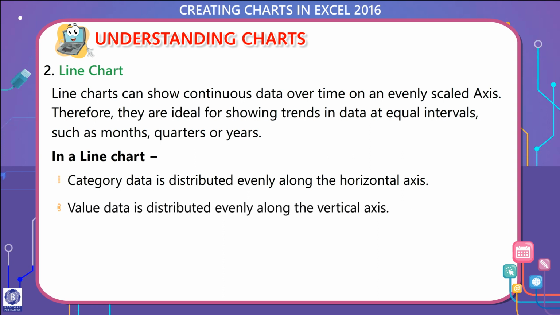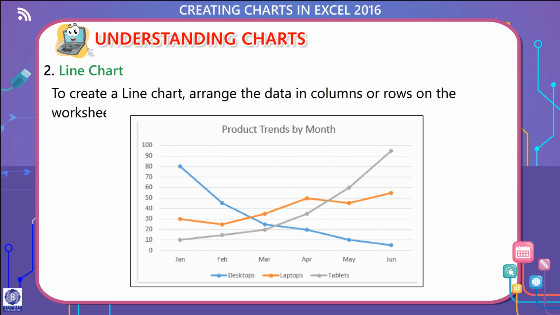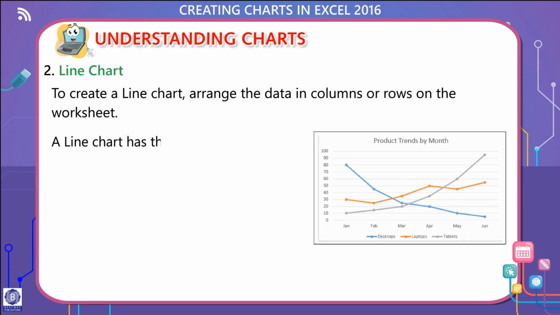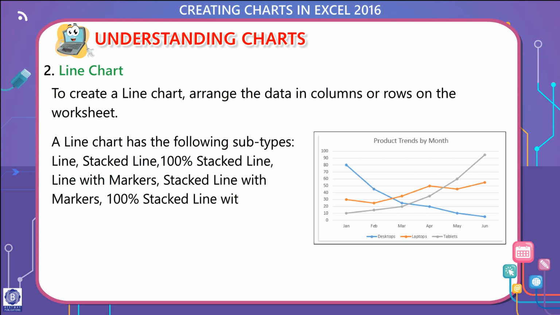Value data is distributed evenly along the vertical axis. To create a line chart, arrange the data in columns or rows on the worksheet. A line chart has the following subtypes: line, stacked line, 100% stacked line, line with markers, stacked line with markers, 100% stacked line with markers, 3D line.